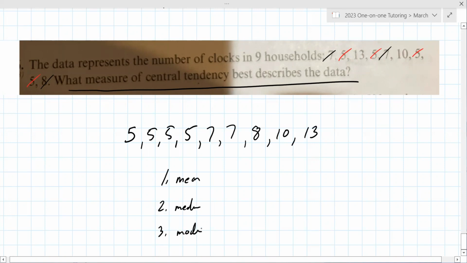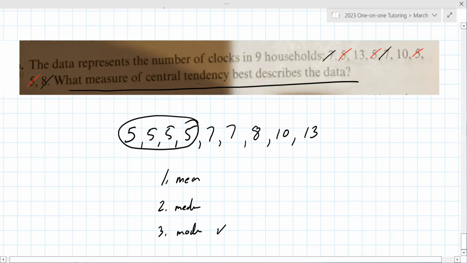And this is a really weird situation. I don't have any clocks in my household. I guess they want the mode here because there is kind of a big mode.